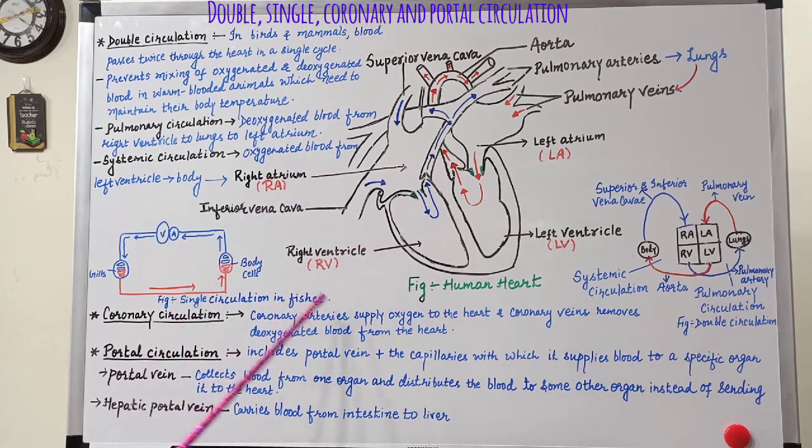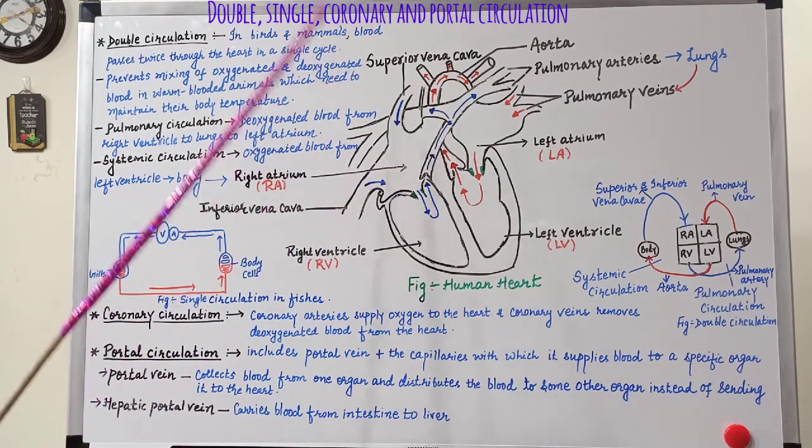So coronary arteries and coronary veins form the coronary circulation. Coronary circulation means coronary arteries supplying oxygenated blood to the heart and coronary veins taking away deoxygenated blood from the heart.